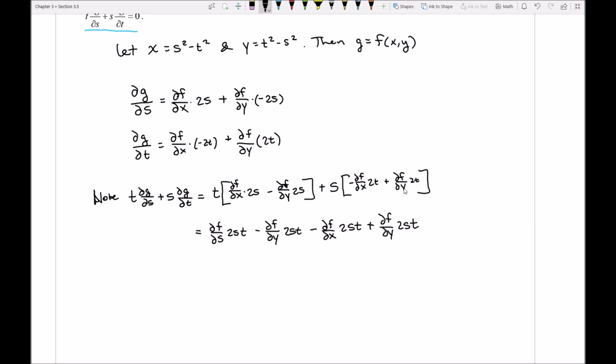Oh, and look at this. A whole bunch of things start to cancel out. Oops. It looks like here I just happened to have copied something down incorrectly. That should have been an x. Once I have that, you can see, yeah, these two pieces here are going to cancel. And of course, these two pieces here are going to cancel out. And so when that happens, I get 0.